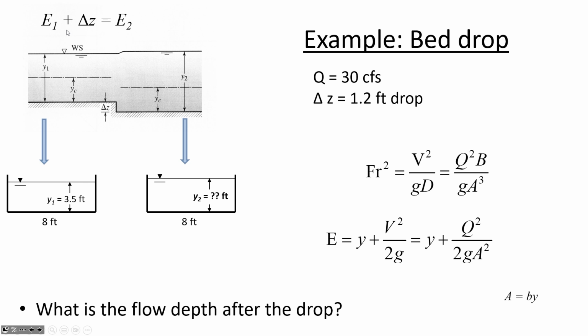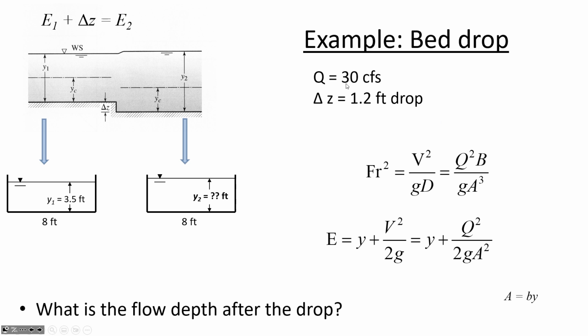On the left-hand side, it's 3.5 feet, the depth at 1, and then the velocity head, 1.071 feet per second squared divided by 2 times 32.2 feet per second squared, plus the delta z. This step down is 1.2 foot.